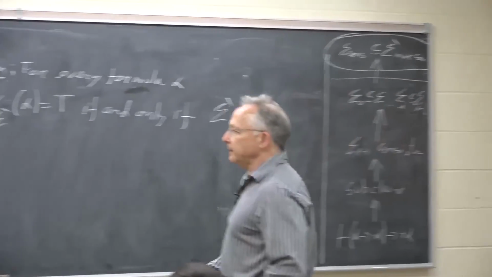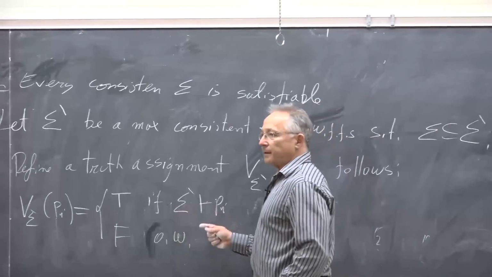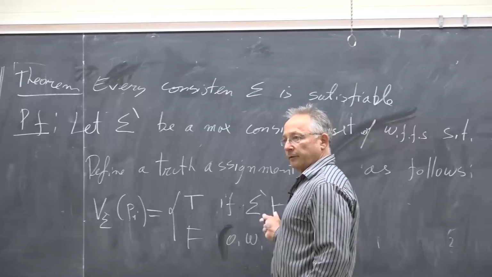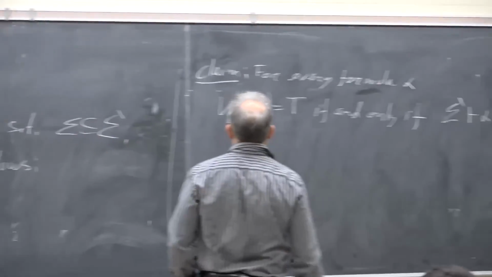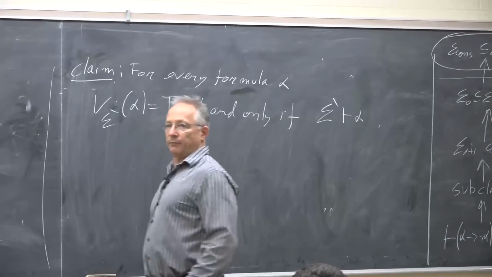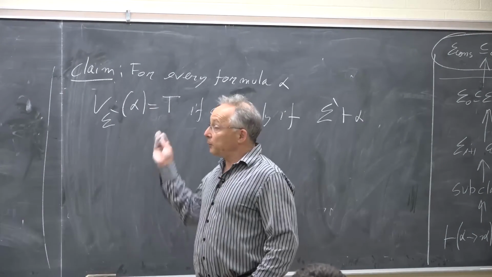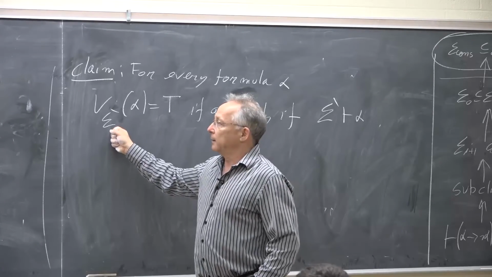So what I started with doing it for propositional variables, I defined it as true if and only if I can prove it. But now I claim that this is going to happen for every alpha. And if we do this, we get satisfiability because it's sigma prime now.